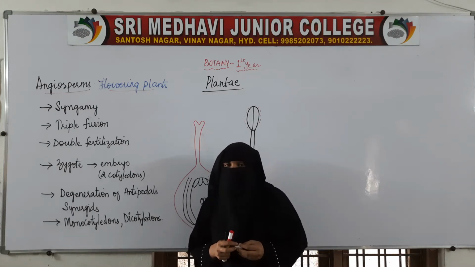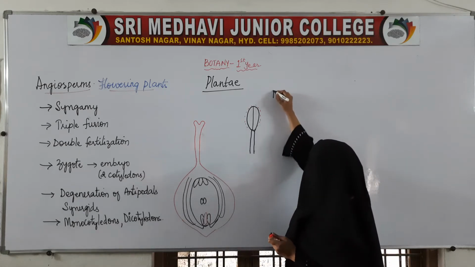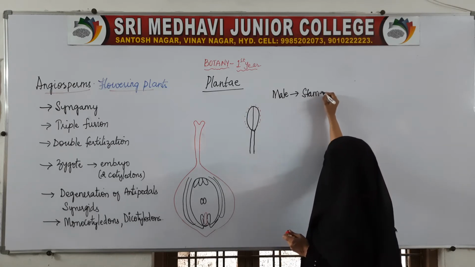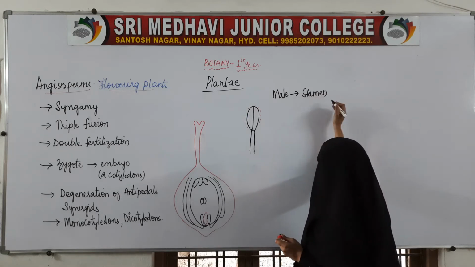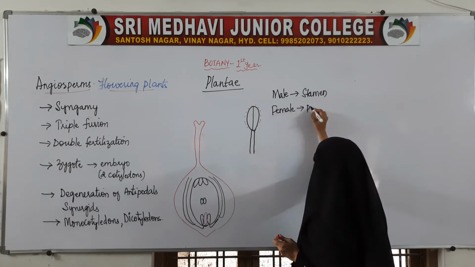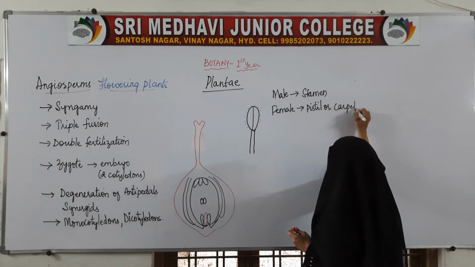Then we have the female reproductive organ. Here the male reproductive organ is the stamen, and the female reproductive organ is the pistil or carpel.